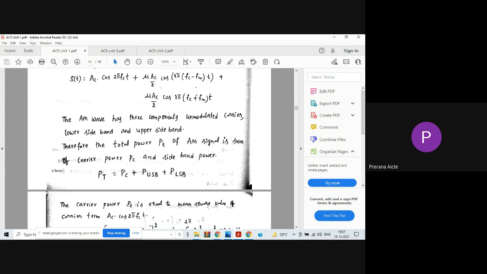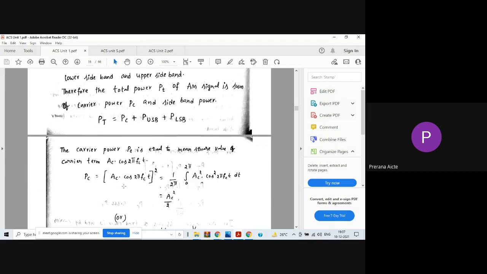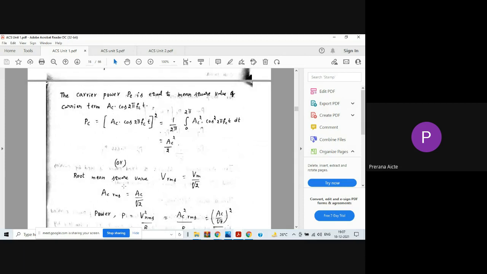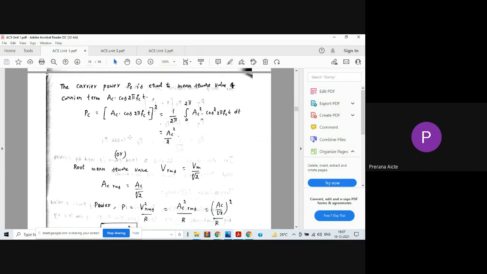The total power in the AM signal is nothing but the summation of carrier power and the sideband powers. So first we write the expression for carrier power. So we know, right, what is the carrier signal? Pc equals (Ac cos 2 pi fc t) whole square. Okay, and what is here Ac?